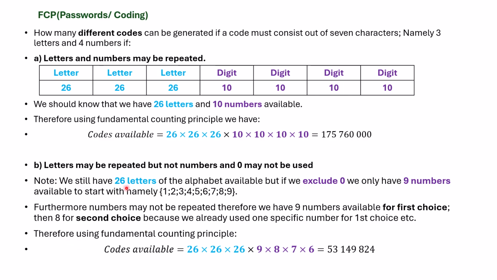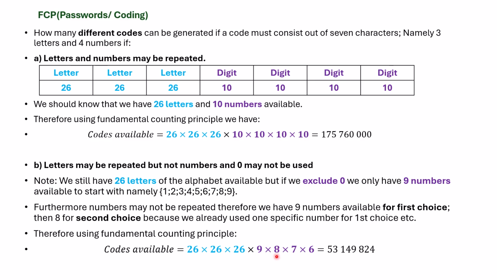So using the fundamental counting principle, letters may be repeated. For my 3 letters, I still have 26 times 26 times 26. For my numbers, 0 is excluded. So for my first number, I have 9 possible choices. Once I've used that number, I can't use it again, so then I have 8 possible choices left.